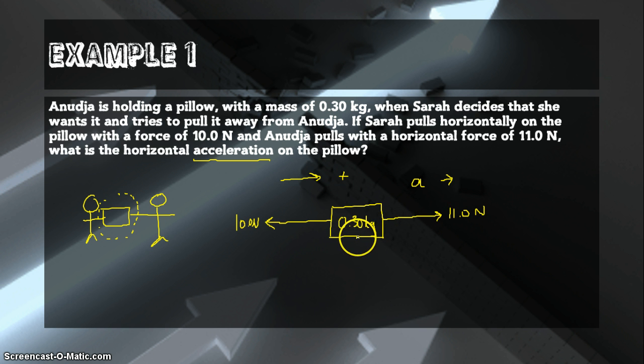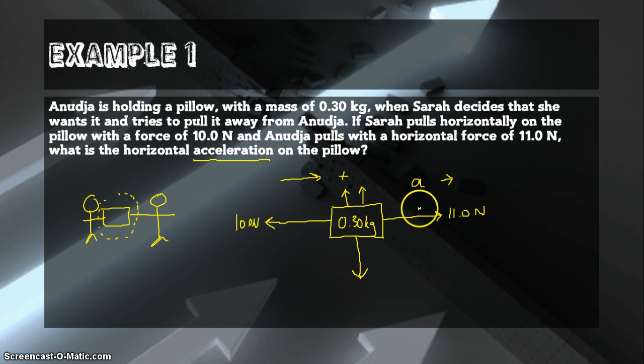Those are our contact forces. We also have the field force of gravity pulling downward. Each of them are actually going to be exerting a slight upward force to hold that pillow off the ground too, because we know that the pillow isn't accelerating up or down.